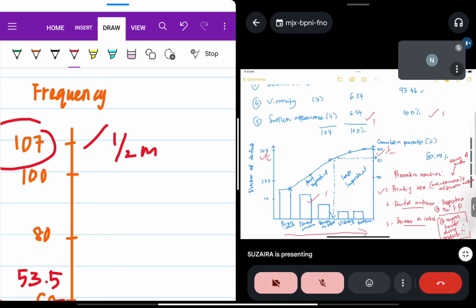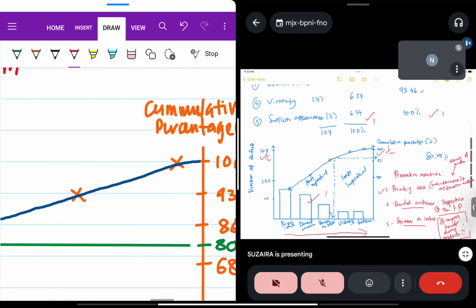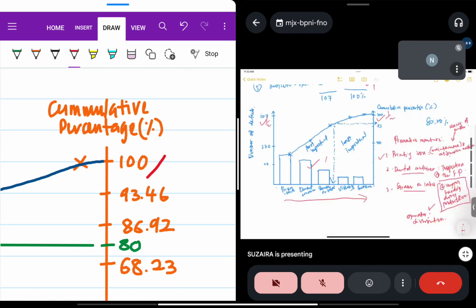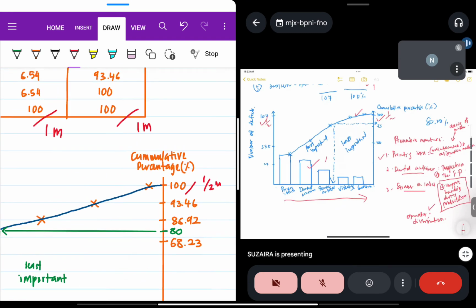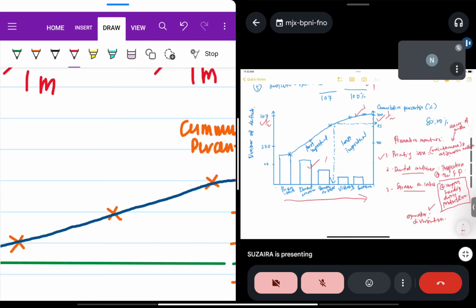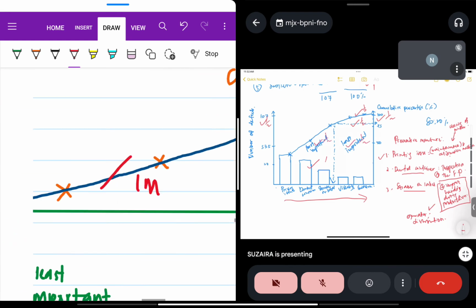Already there, 1, 2, 3, 4. Here sometimes it can be 1.5, sometimes it can be 1, depending on whether you have a 7 or 8 mark allocation. Then here is another half mark, and here is another half mark.